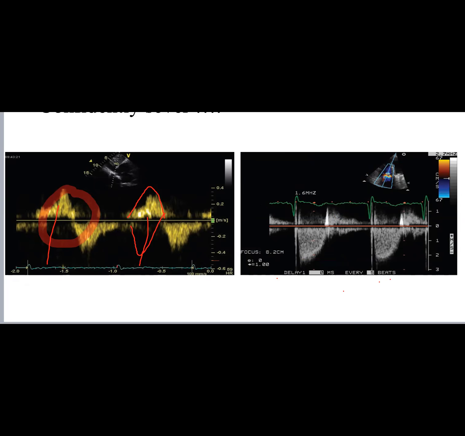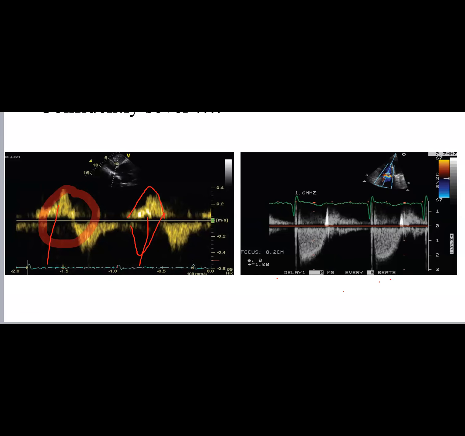You know why? This peak velocity is the outcome of the RV, RA pressure gradient, right? If this pressure gradient increases, velocity increases. If this pressure gradient decreases, velocity decreases. Now when we have severe TR, it decreases the RV pressure because it tends to weaken the RV.